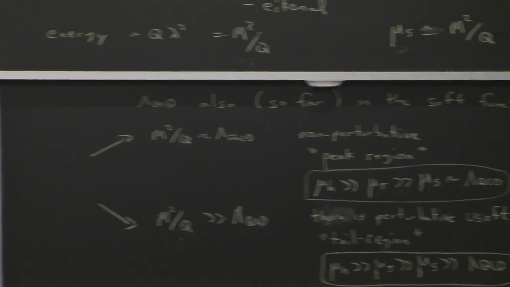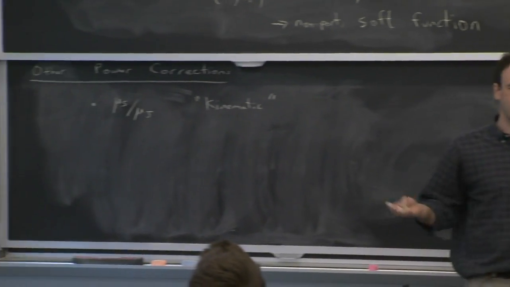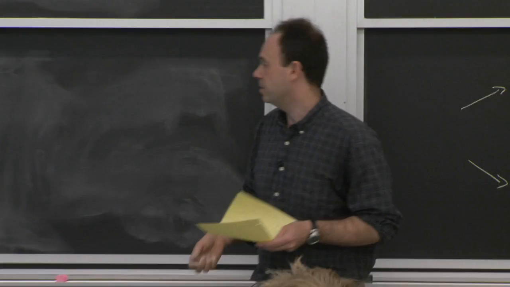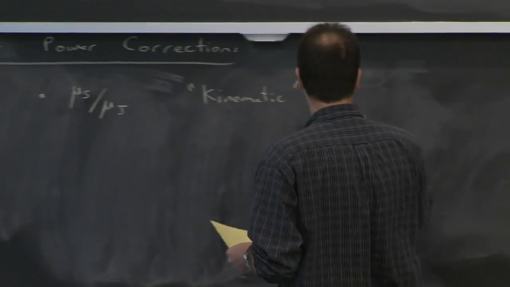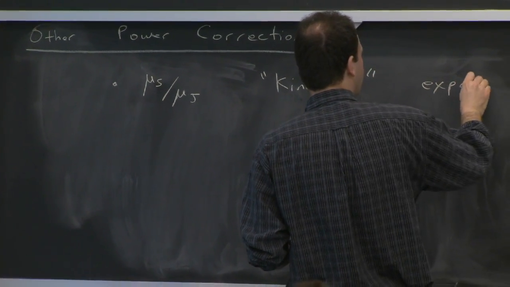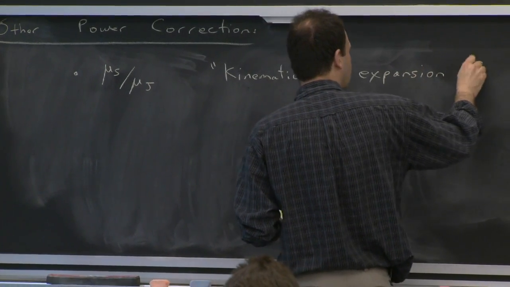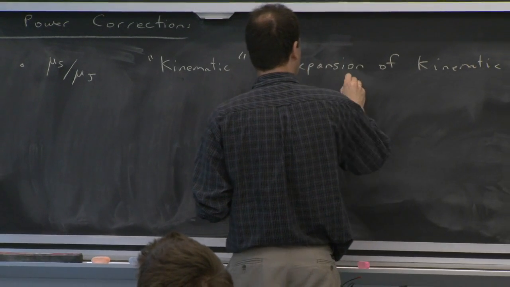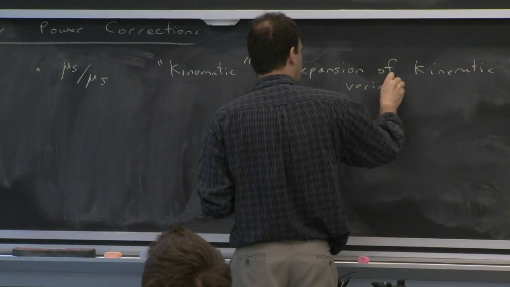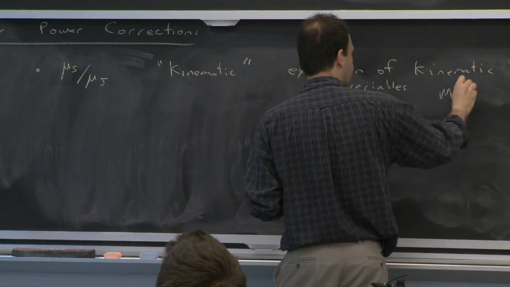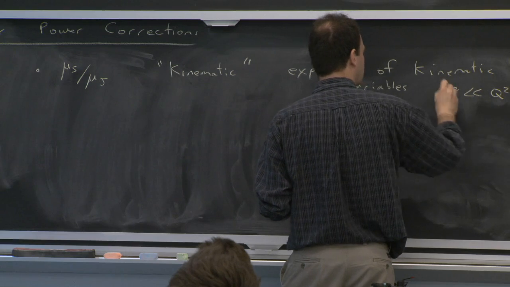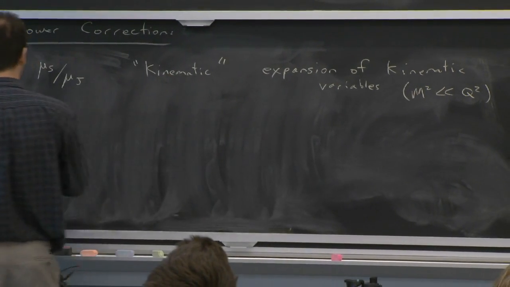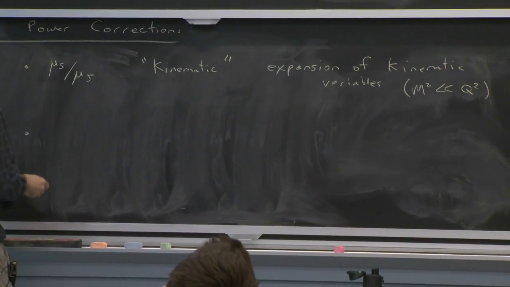These scales are just perturbative scales. If you think about having some function that you're making an expansion of, they come about from expansion of kinematic variables, basically. So it's the m squared much less than Q squared. That's what I mean. There's nothing non-perturbative about that.